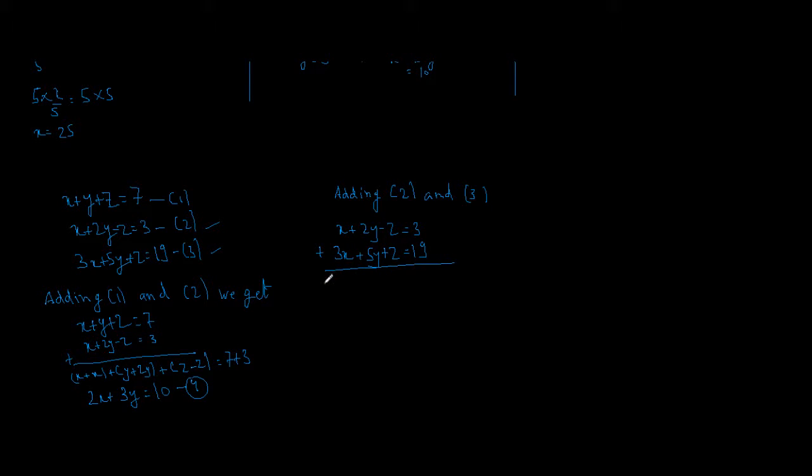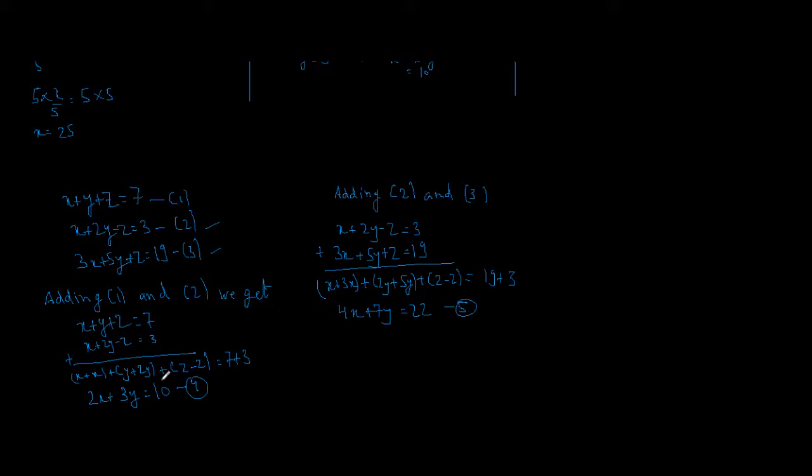When I add them, I get x plus 3x plus 2y plus 5y plus z minus z equal to 19 plus 3, which leads to 4x plus 7y equal to 22. Let's call this equation 5. So equation 4 and 5, if we see, don't have a z term. Hence, they can be treated as a two unknown, that is x and y, and two equation system.